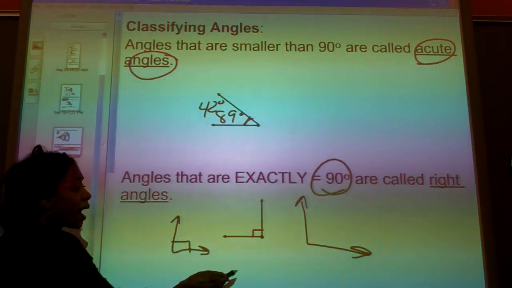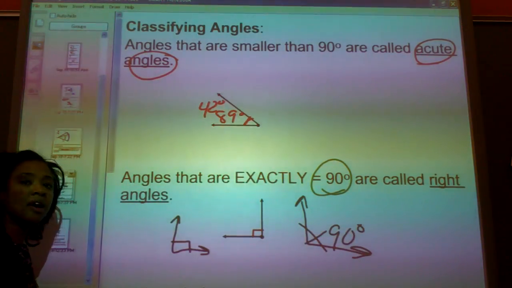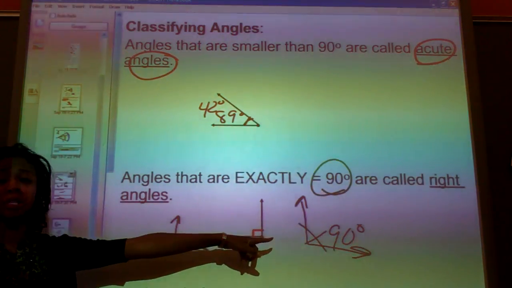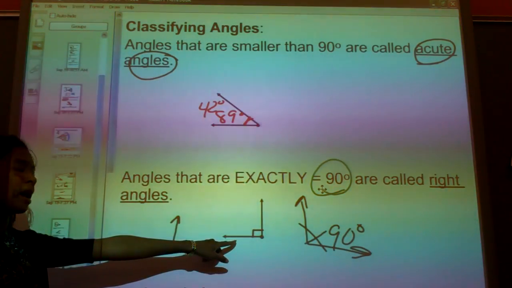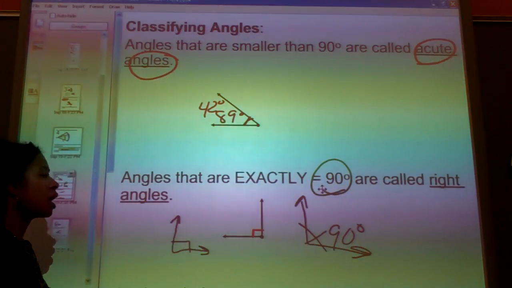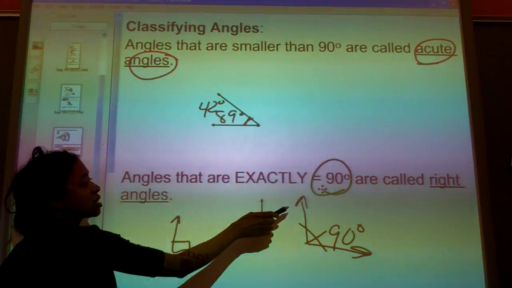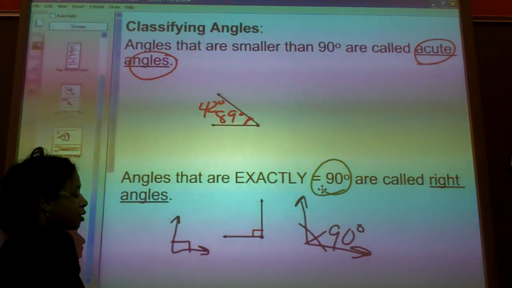If they don't put a box in the corner, you cannot tell me that's 90 degrees. It could be 89 and 9/10, or 89.1. You cannot call that 90 degrees. If it doesn't say it's 90 degrees or they don't put the box, do not tell me that's 90 degrees.